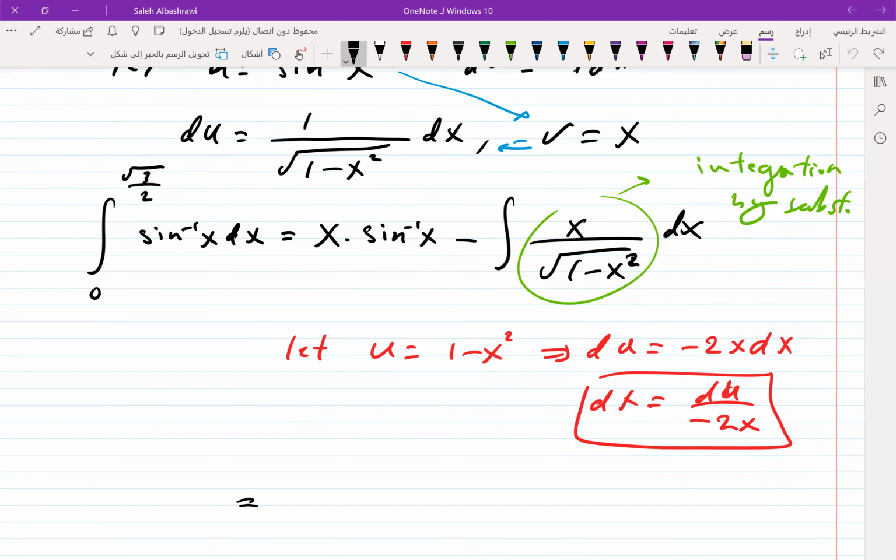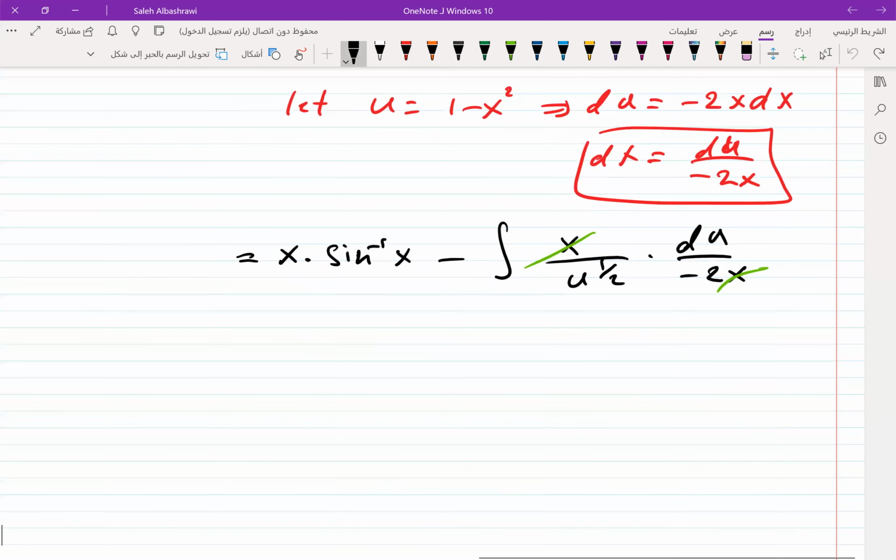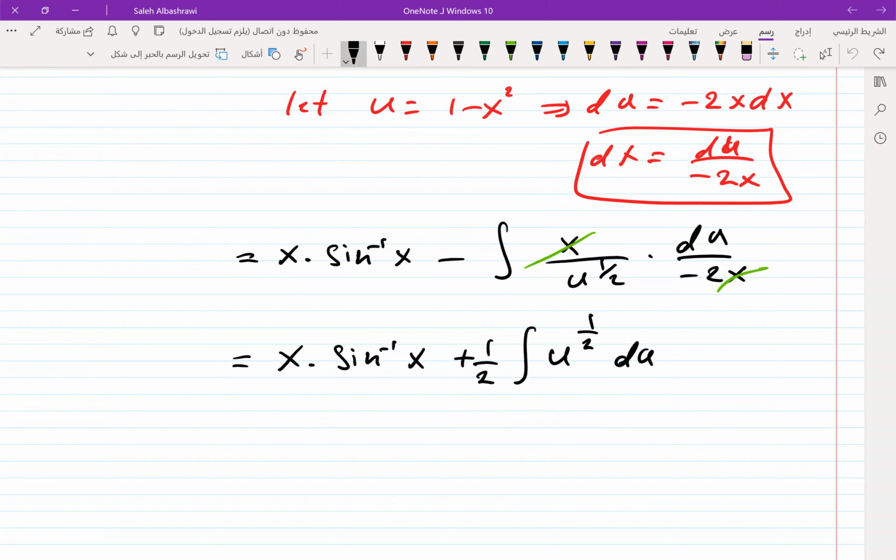It will be integration of x multiplied by sine inverse x. I will write the limits at the end. Minus integration of x divided by u to the power 1/2 multiplied by du divided by minus 2x. X will cancel. Minus 2 with minus outside, it will be x multiplied by sine inverse x plus 1/2 integration of u to the power minus 1/2 du.